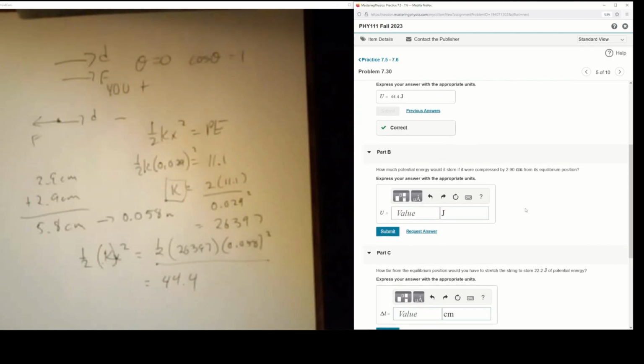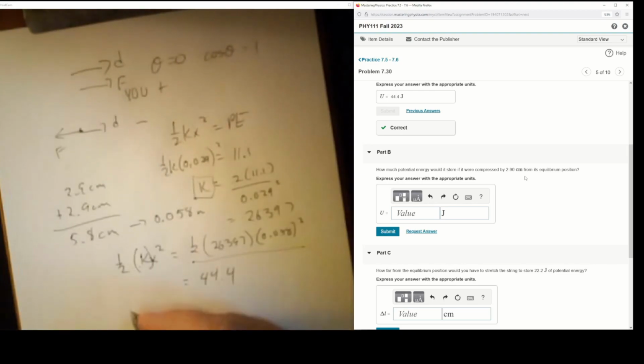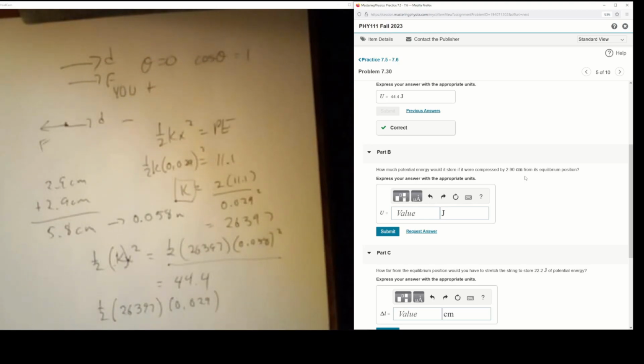So looking at part B, how much potential energy would be stored if it were compressed by 2.9 centimeters from its equilibrium position. Okay, so we're doing exactly the same thing, except instead of being 0.058, now it's only being 0.029. So 0.029 is 2.9 centimeters. That is 1/2 kx squared.